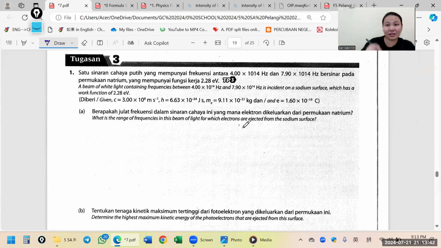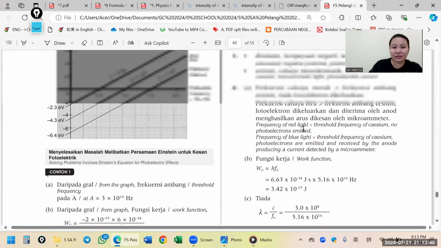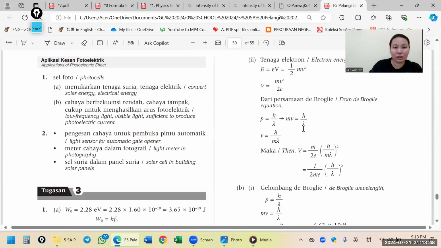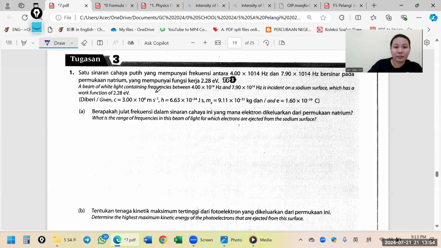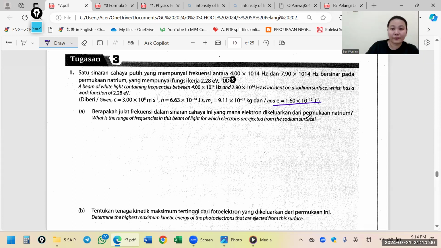Okay, so this is Tugasan 3, Contoh 2. Oh, they give eV. Okay, where does this e come from? For this operator, you can press shift constant. Shift constant is number 7.